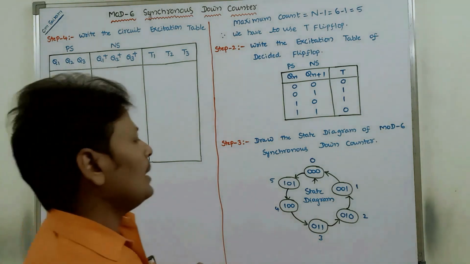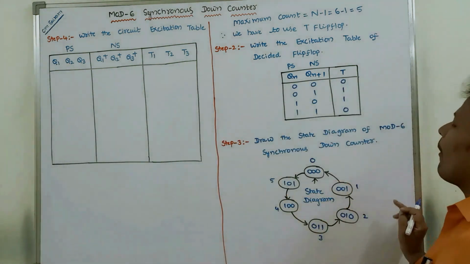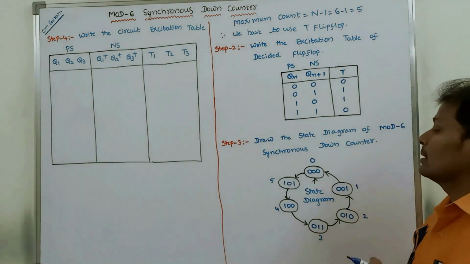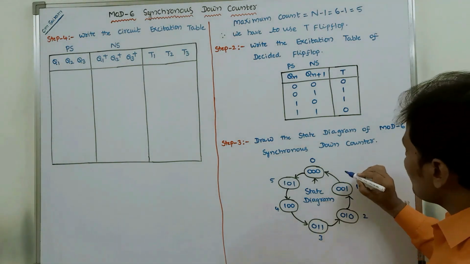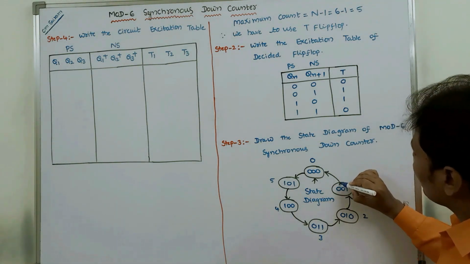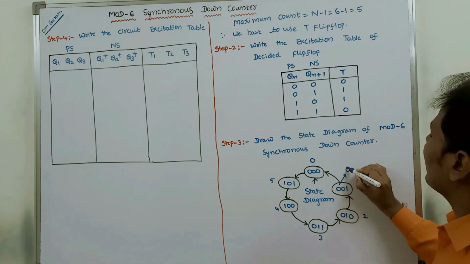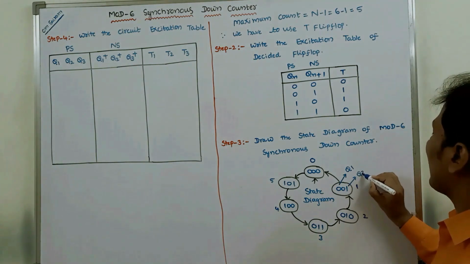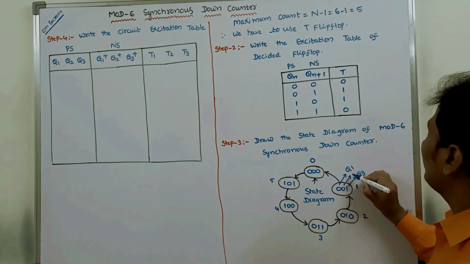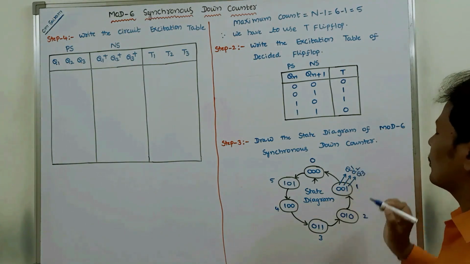Now, each and every state of the state diagram can be represented with 3 bits. The MSB bit can be taken as Q1, the LSB bit can be taken as Q3, and the middle bit can be taken as Q2.